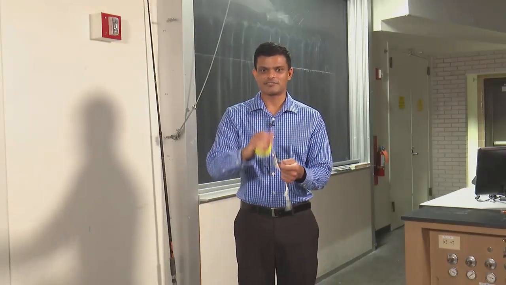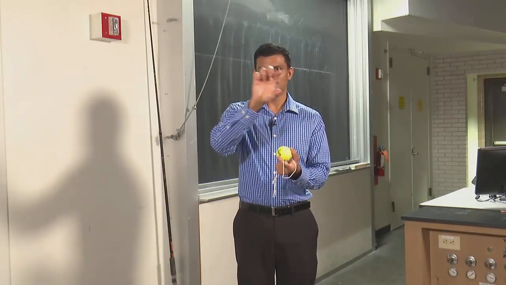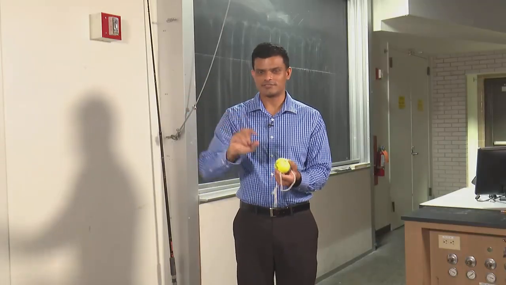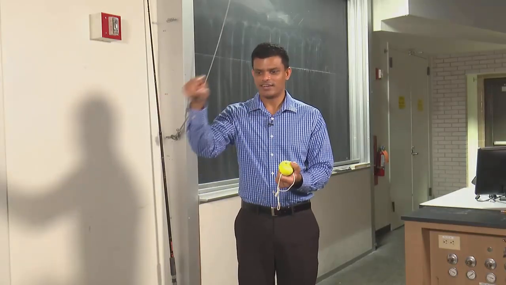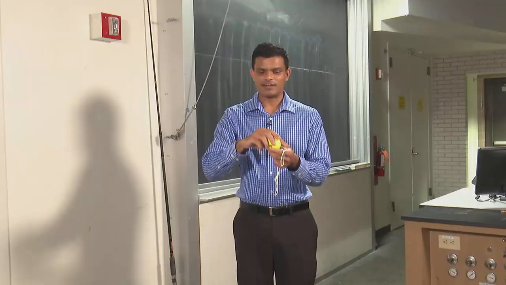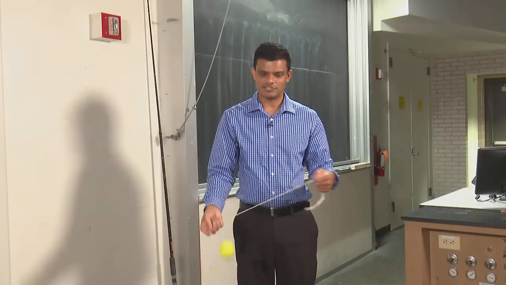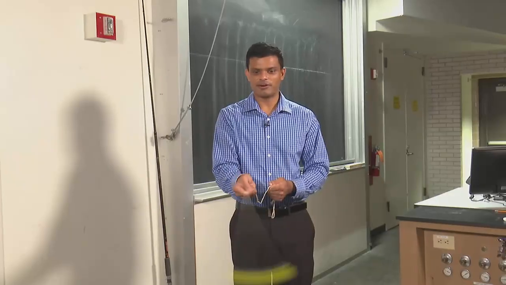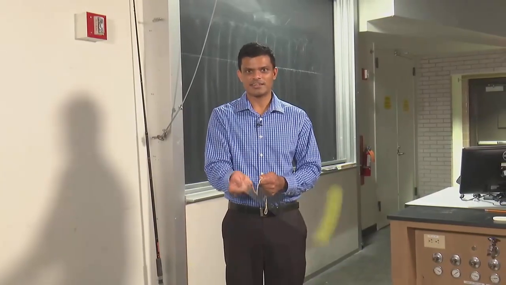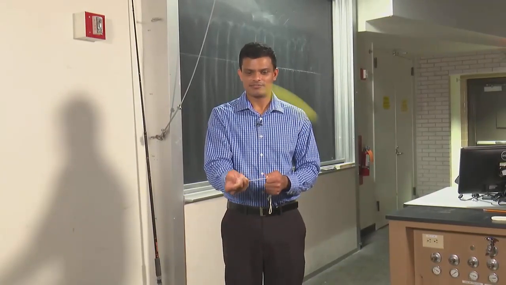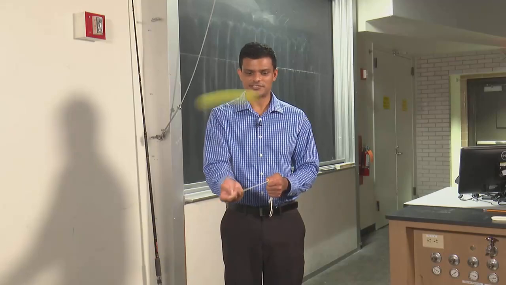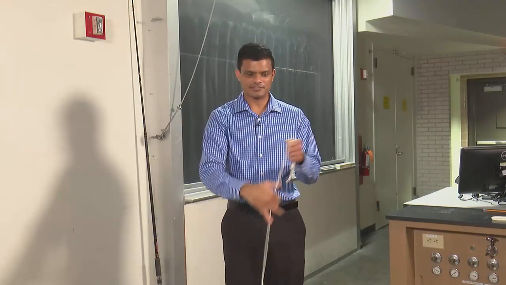As you can see, the ball is going in a circle. Velocity is a vector, so when the ball's here, the velocity may be pointed in that direction, and as it goes around a circle, the velocity vector changes direction, and that is the definition of acceleration. So when the ball is going in a circle like this, it is accelerating.